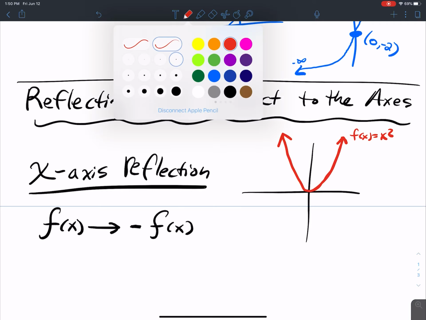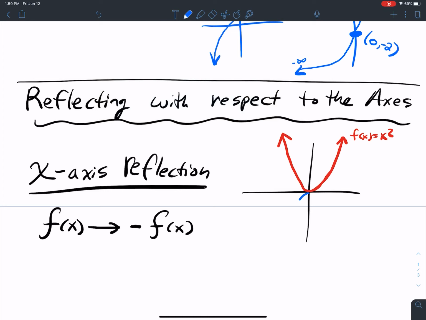If I multiply by -1, now that function comes down and reflects. This becomes negative f of x, which is negative x squared. Remember, the coefficient in front is positive here versus negative here. If it's a positive coefficient, I'm smiling, I'm concave up.